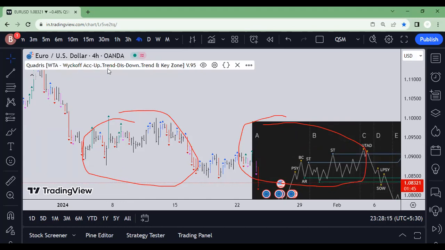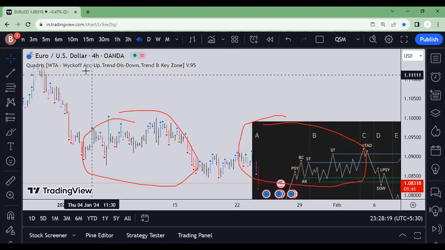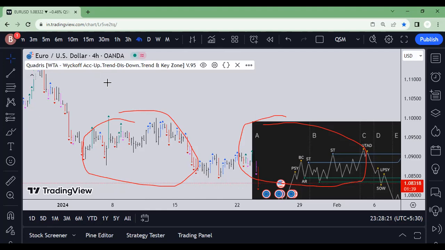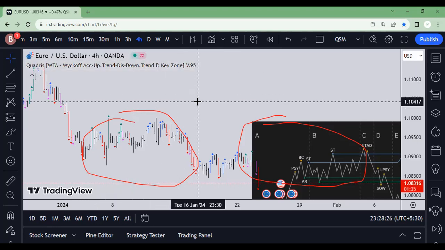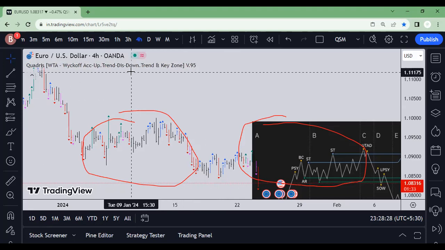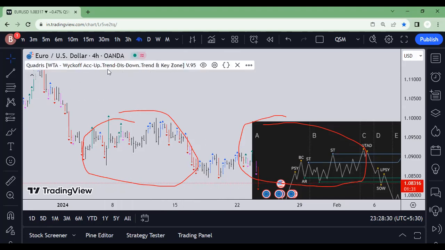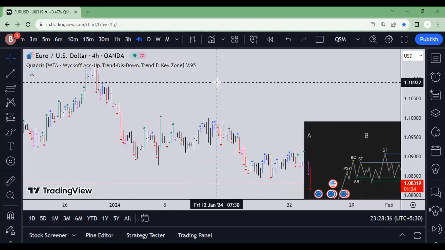Wyckoff accumulation, uptrend, distribution, downtrend. Wyckoff accumulation, markup, distribution, and markdown. I've written downtrend and uptrend because not many traders are well acquainted with markup and markdown.